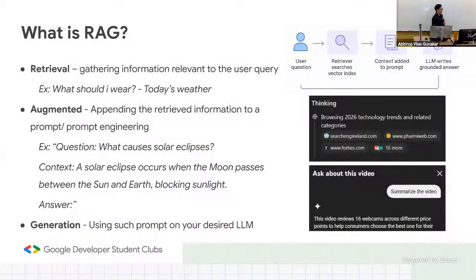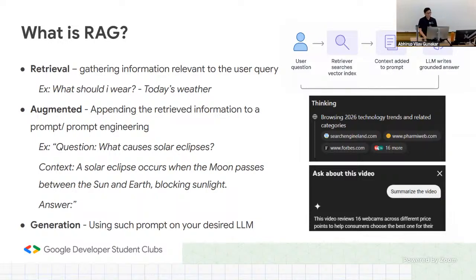So, going into what is RAG. RAG consists of three main key points, which I have listed here. The first one is retrieval. This is basically gathering information or raw data that is relevant to your own question and query. For example, ask an LLM, what should I wear?